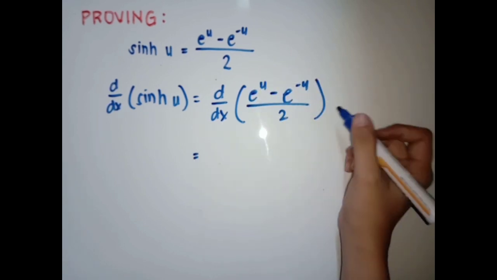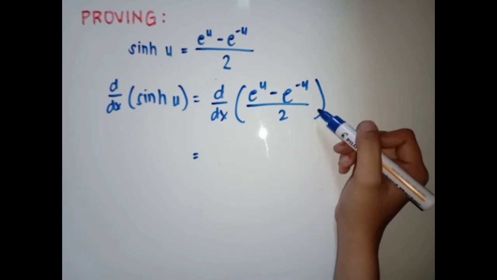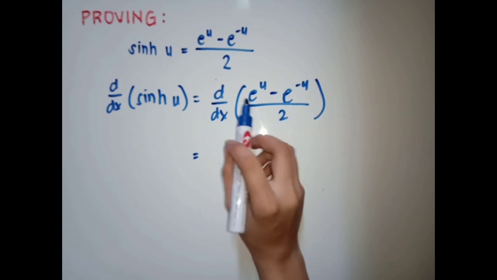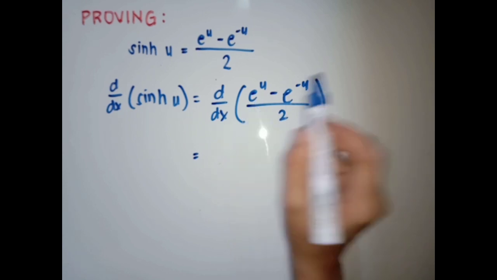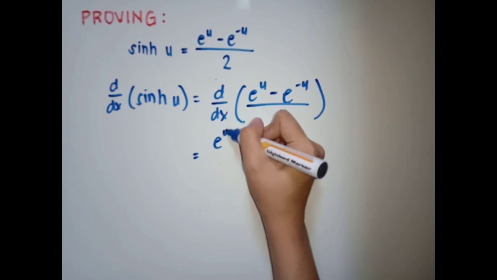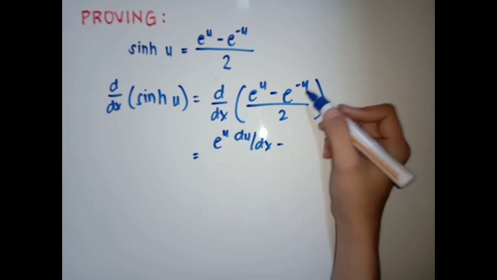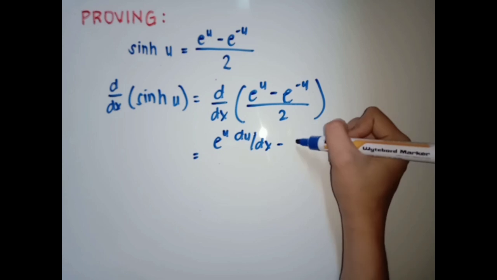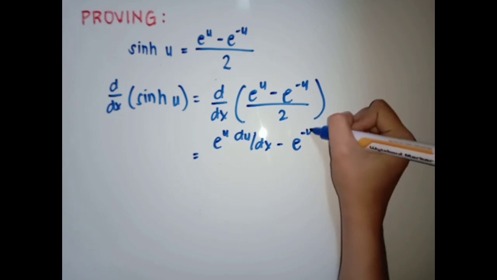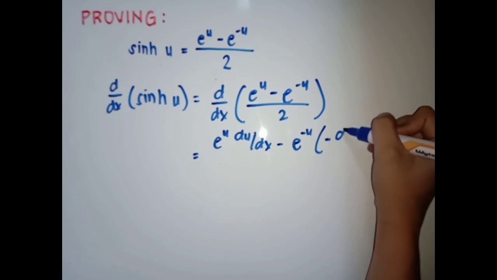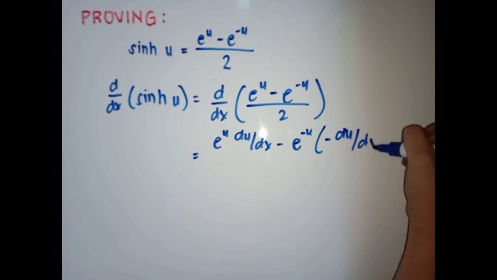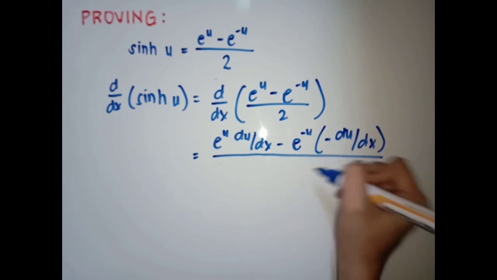Now, we will derive this by using the exponential function. The derivative of e raised to u is e raised to u du over dx, minus the derivative of e raised to negative u, which is e raised to negative u times negative du over dx, all over 2.